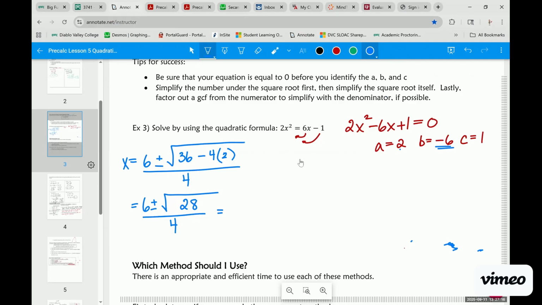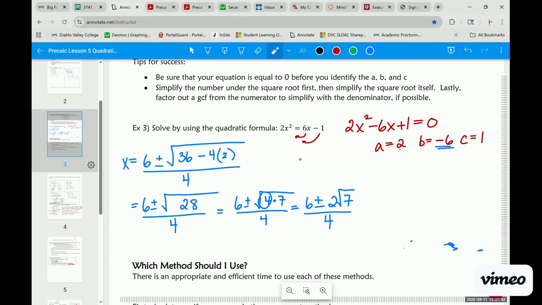So by simplifying the radical, what we're doing is we're breaking this into a perfect square times a non-perfect square. So that would be 4 times 7. And then we can take the square root of the 4, and that would come out front.